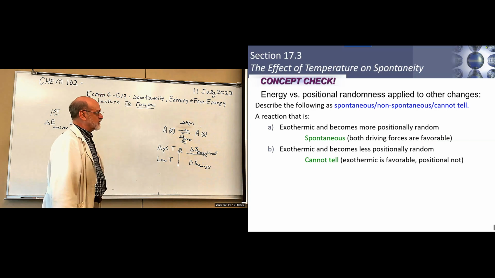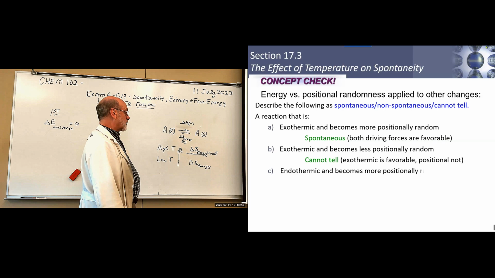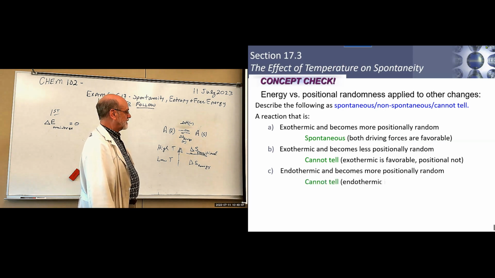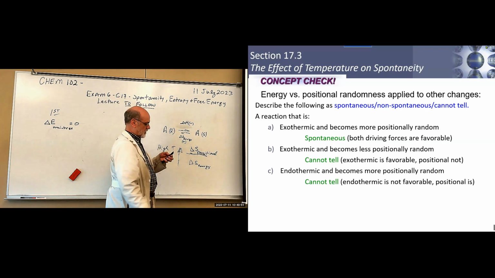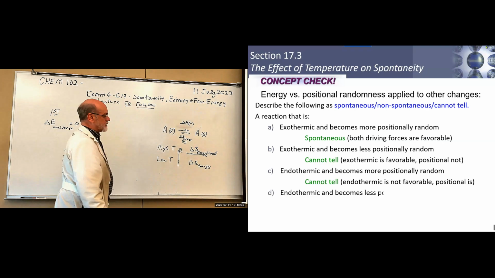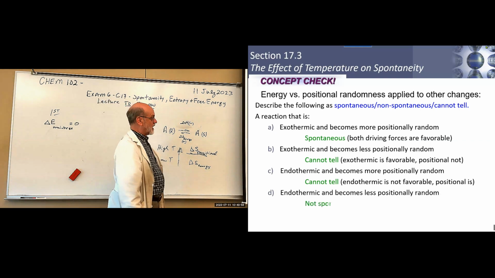Right? Less positional random or exothermic. If it's endothermic and more positionally random, then we can't tell that one either because we don't know what temperature it's occurring. Now, if it's endothermic and less positionally random, we should expect that to be non-spontaneous.